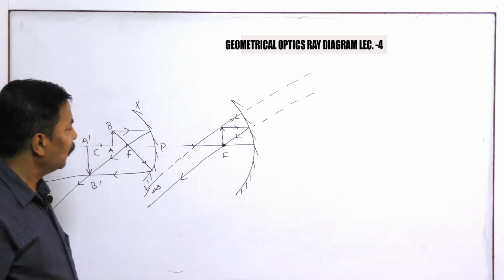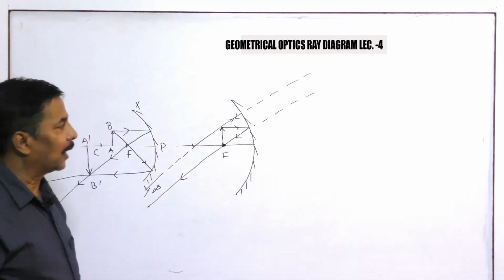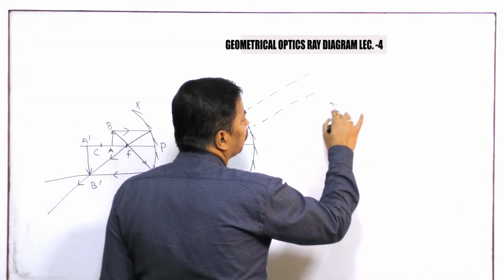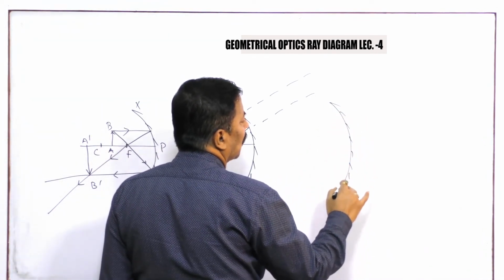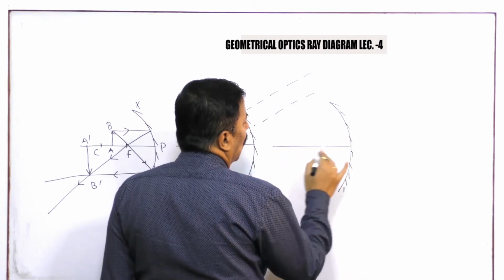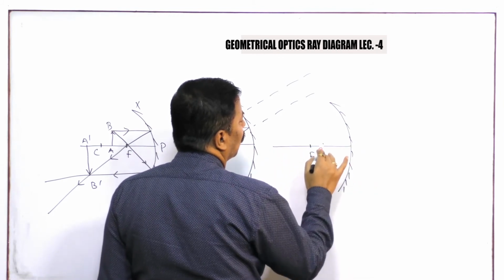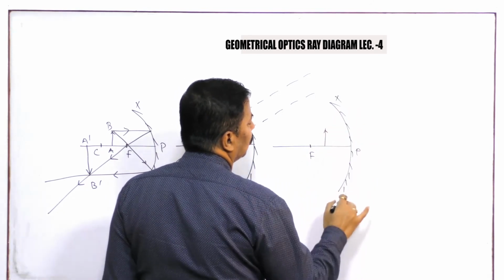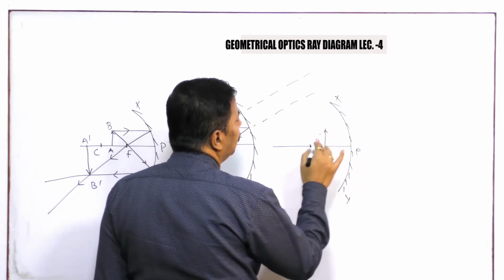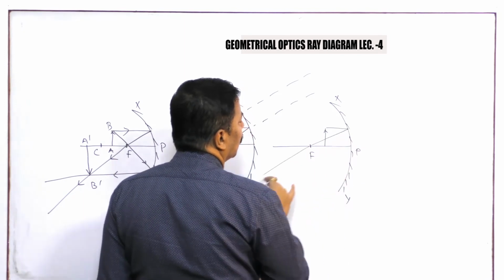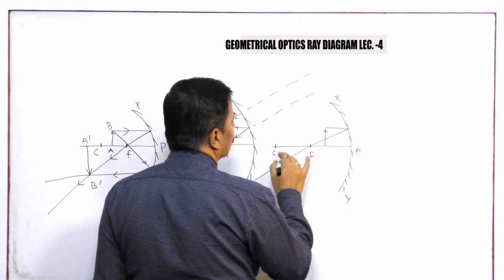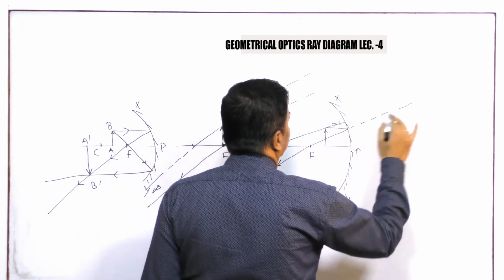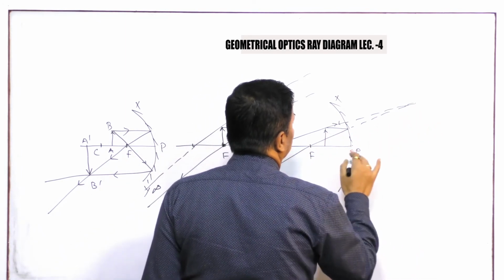Next case, there are two more diagrams. If the object is between focus and pole, x, p, y, then you will observe that a virtual image is formed behind the mirror.